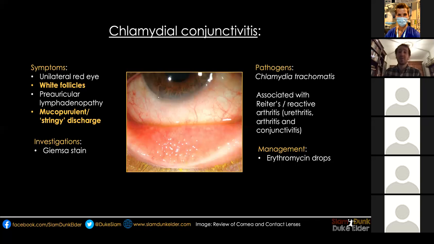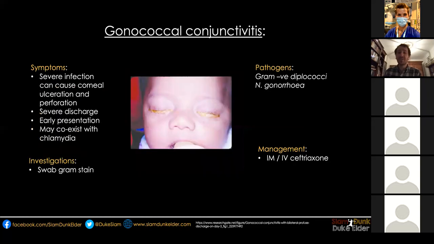The other cause of this is gonococcal conjunctivitis. So this is quite serious. You get a really bad infection, and it can cause corneal ulceration and perforation. So you get this really horrible discharge, coexistent with chlamydia.